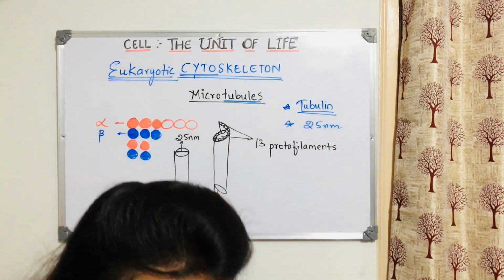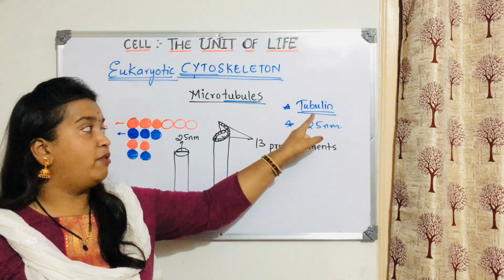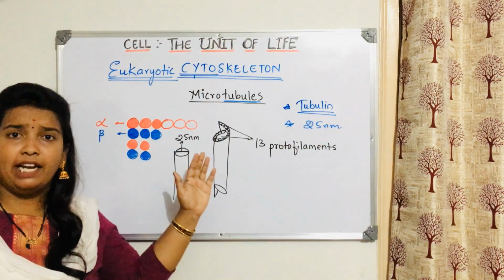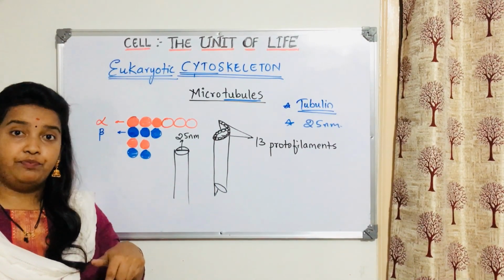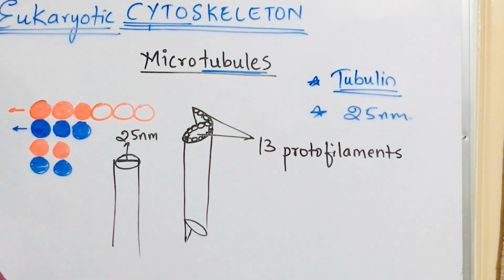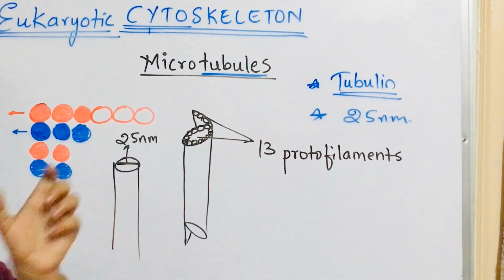So we have just completed one, that is microtubules. It is made up of tubulin protein. Diameter is 25 nanometer. It is a sheet made up of alpha and beta tubulin, and then it folds. After folding, 13 protofilaments are there.